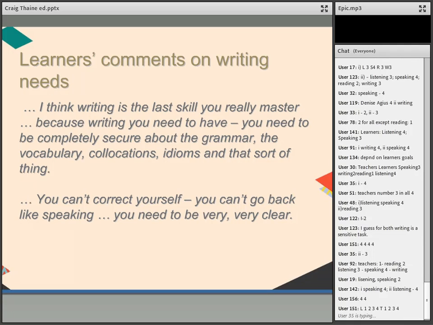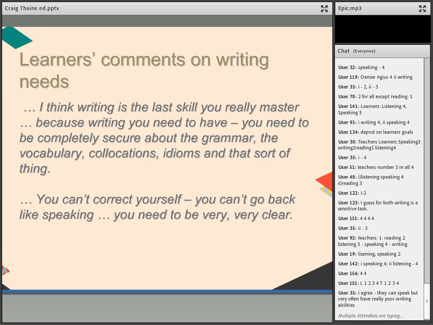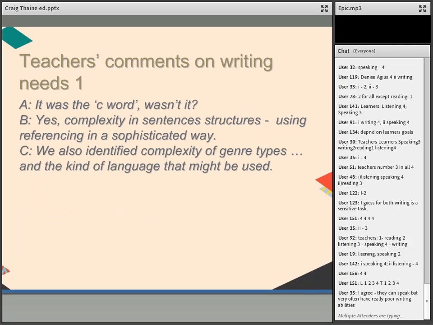But the other comment is quite interesting, this idea that they feel that when they speak, they can go back and correct themselves or change what they're going to say, whereas when they write and they've printed the document or sent the email or whatever, then there is no going back and the message is there. So they need to be very, very clear about what that message is.